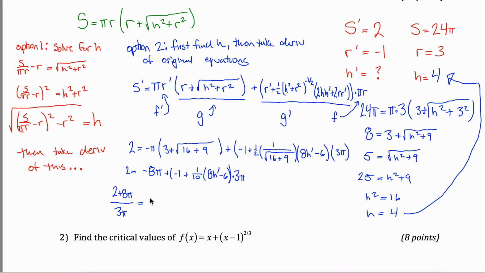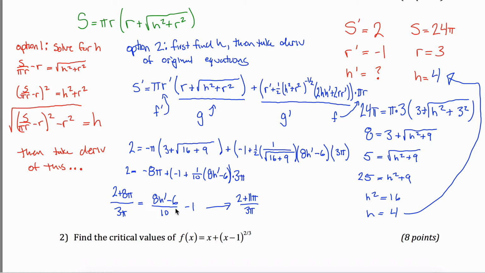I kind of like to write that as 8h prime minus 6 divided by 10 minus 1. Here's the -1 here, and 8h prime minus 6 divided by 10 is right here. So then you could add 1 to both sides of the equation. But really 1 is 3 pi. So I guess I would get that I have 2 plus 11 pi over 3 pi. Did I say 1 is 3 pi? That's a stupid thing to say.